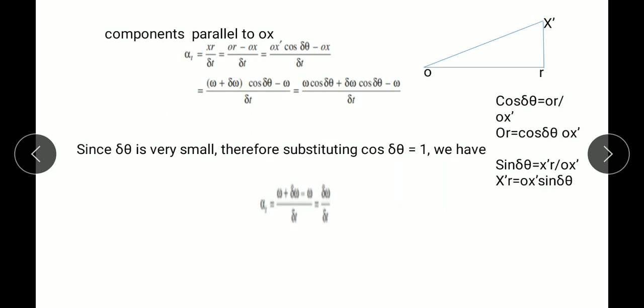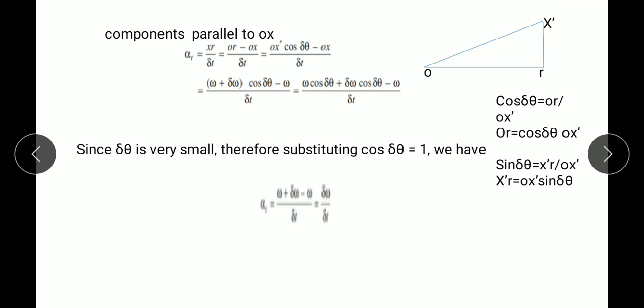So rx dash equals OX dash sin delta theta by delta t. How do we get it? From the triangle we take sin delta theta, which is the opposite side, x dash r, by the hypotenuse OX dash.